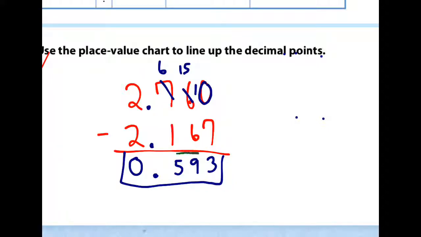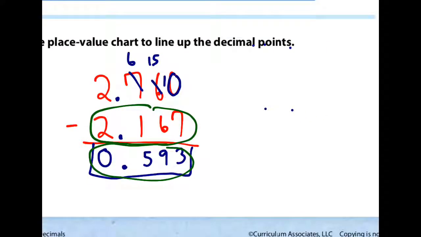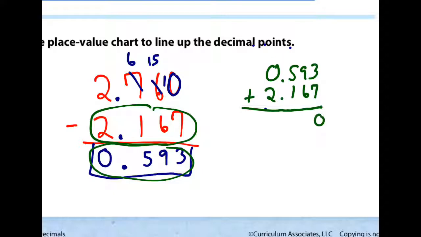I'm going to take my answer and add it to the bottom number and see if I get the top number, which was 2.76. So I'm going to do 0.593, add it to 2.167, and I get 2.76, which is the top number.